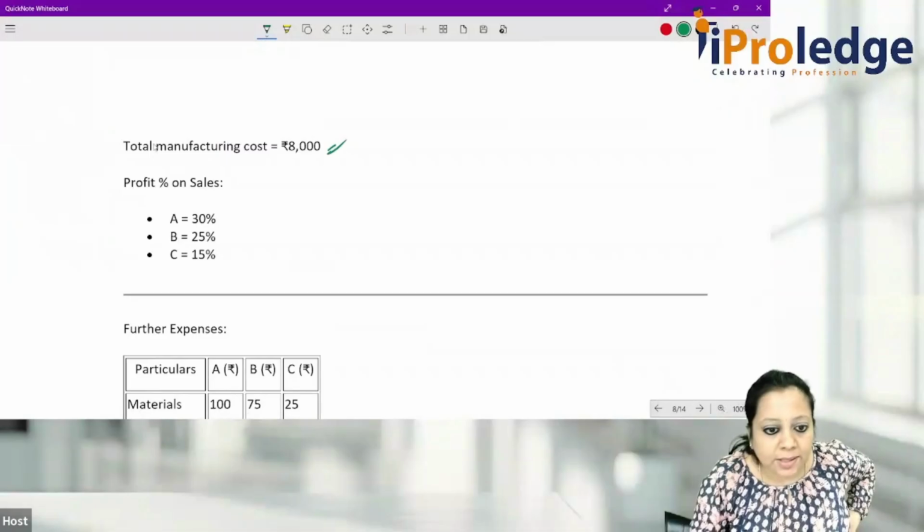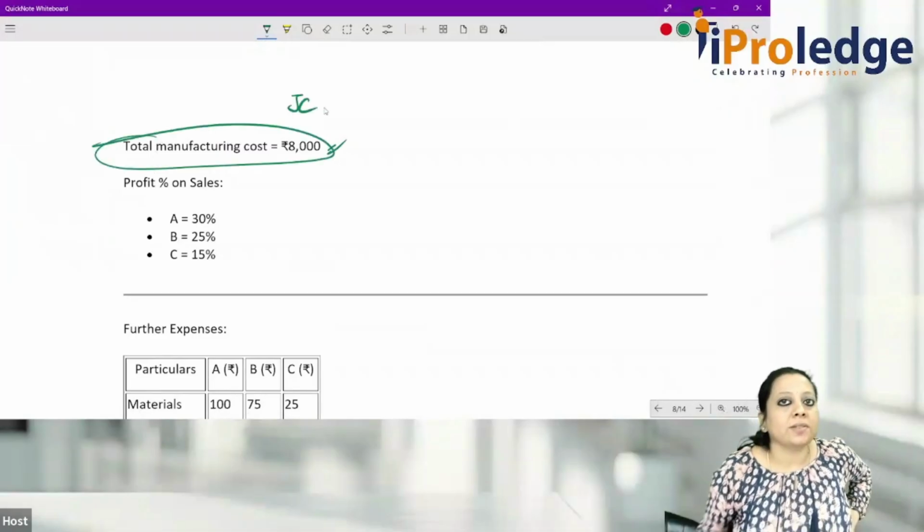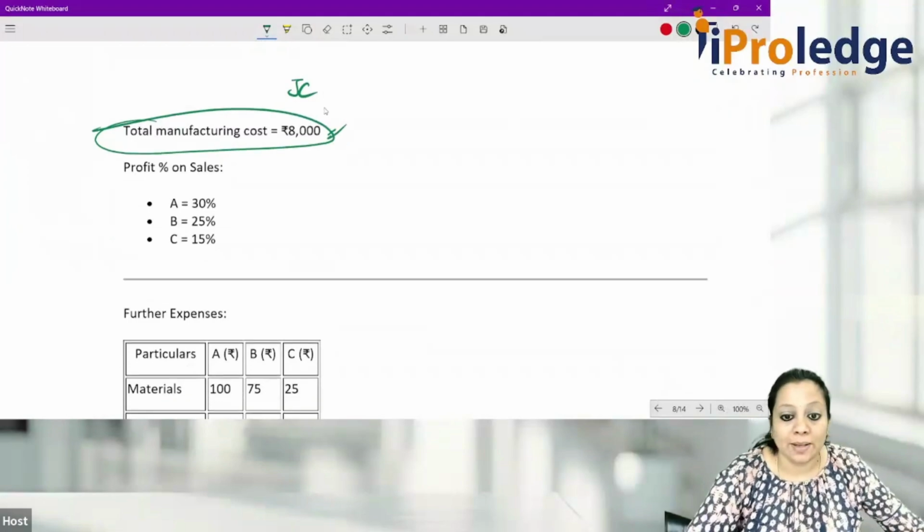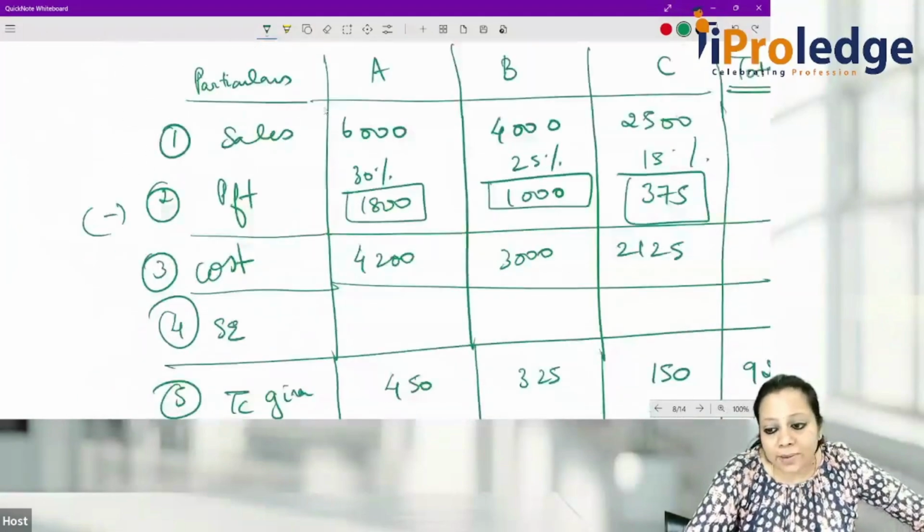Total manufacturing cost: can I say this is only joint cost? Manufacturing cost and joint product by product is only joint cost. Yes, ma'am. So that means 8,000.